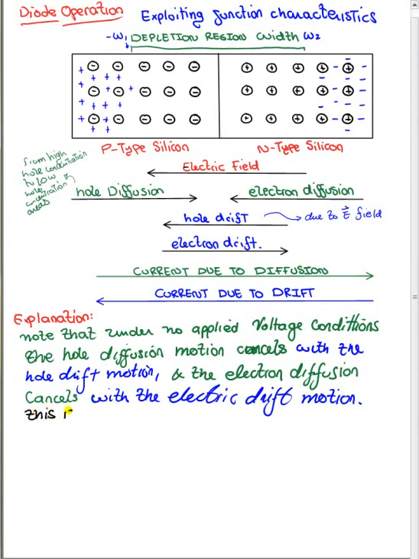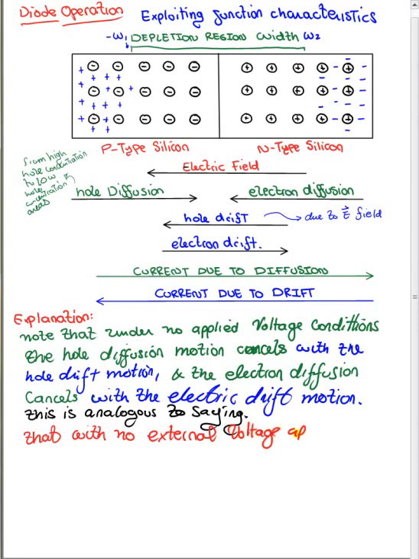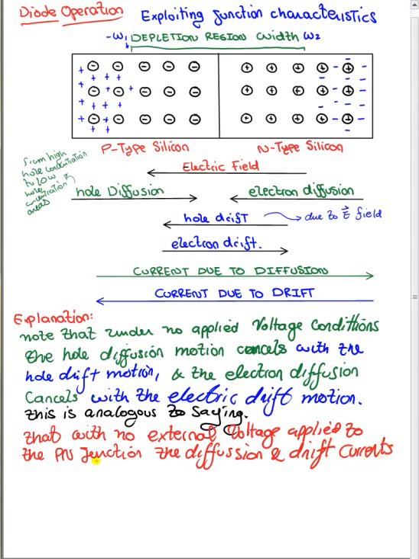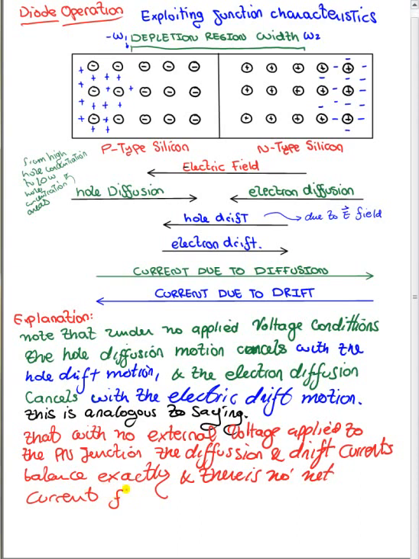This is analogous to saying that with no external voltage applied to the PN junction, the diffusion and drift currents balance exactly, and there is no net current flow, like we said before.